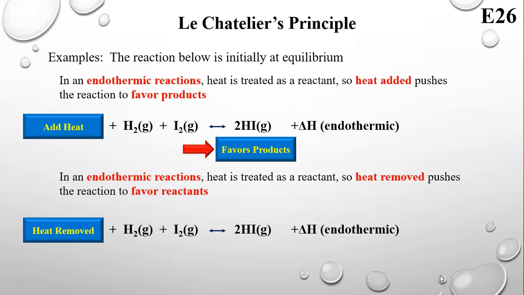So if you take heat out, the reaction will move backwards. It will move from products back to reactants because you're removing heat from a reaction that needs heat in order to move from left to right. So removing heat will cause the reaction to move backwards from right back to left. So that's going to favor the reactants.